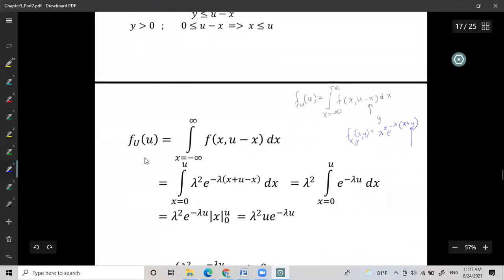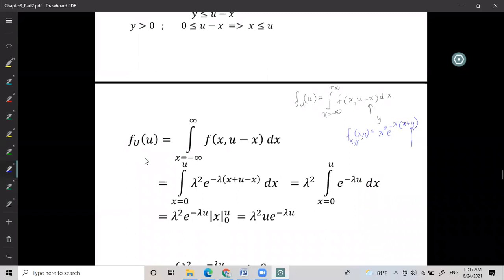See how you have to change the limit, because y is greater than 0, and y is u minus x. That means x should be less than or equal to u. And the lower limit of x is 0 because of the exponential.